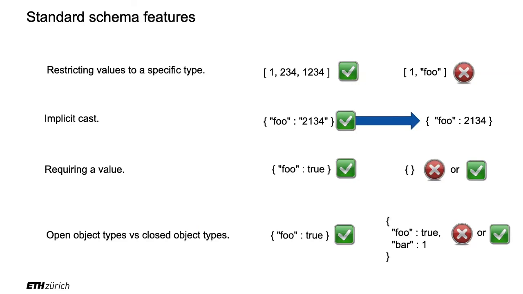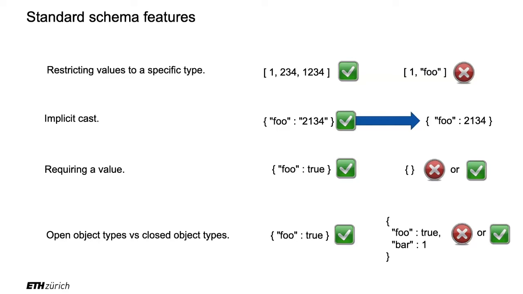Second, implicit cast. What do I mean here? This is when I said, when you parse it in memory and you validate, I told you that you don't just validate, you annotate too. Remember, validation, annotation. This is something that goes hand in hand. When you validate and you have the answer, yes, that's valid, you will also take the opportunity to convert everything in memory to the actual types that you just validated against.